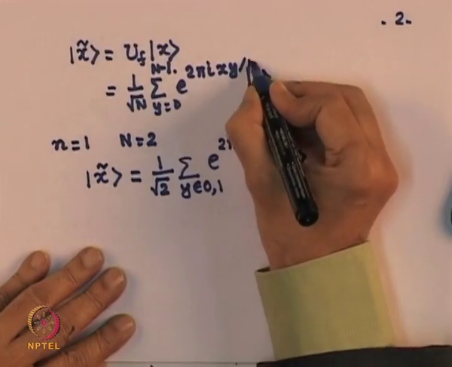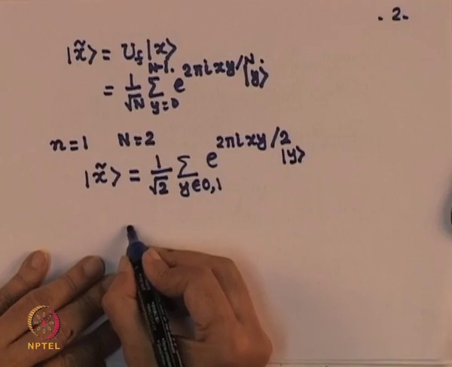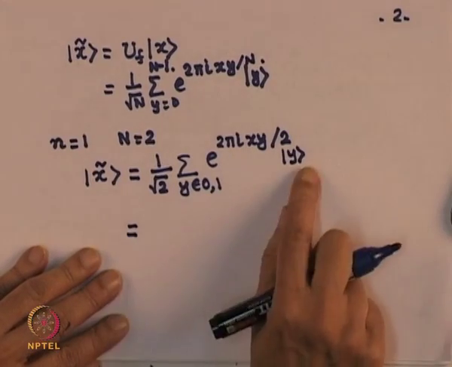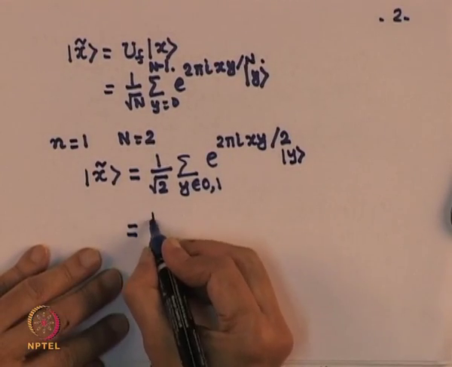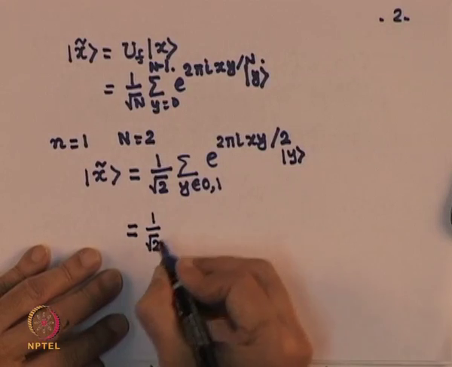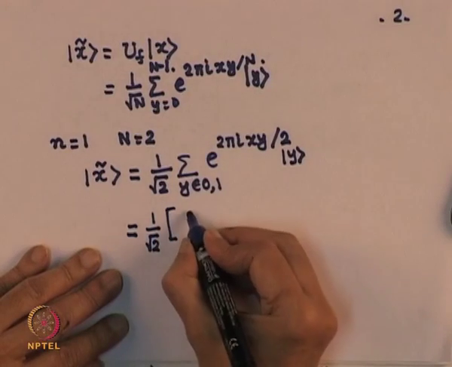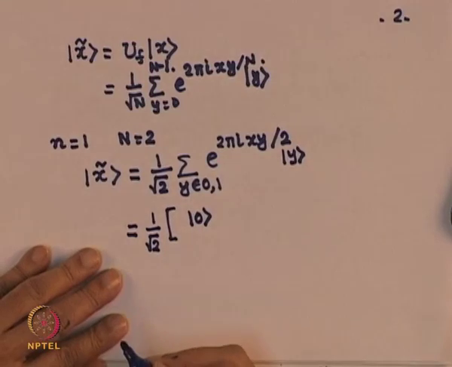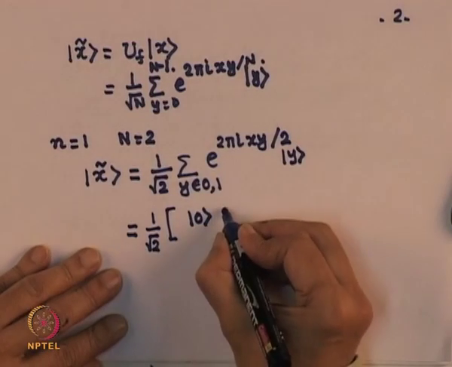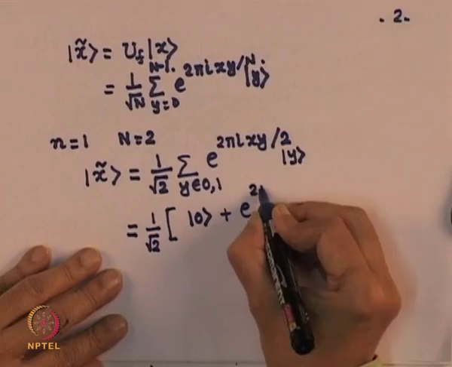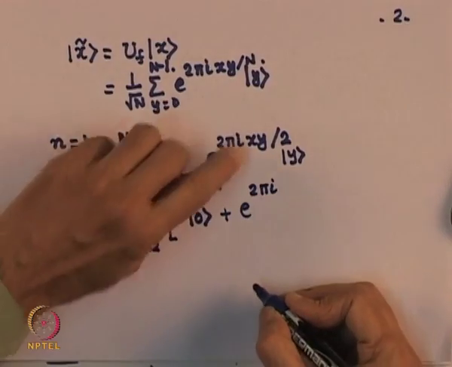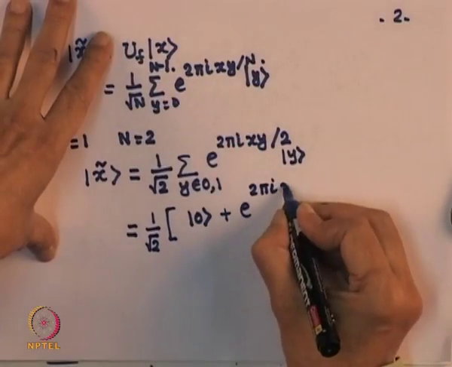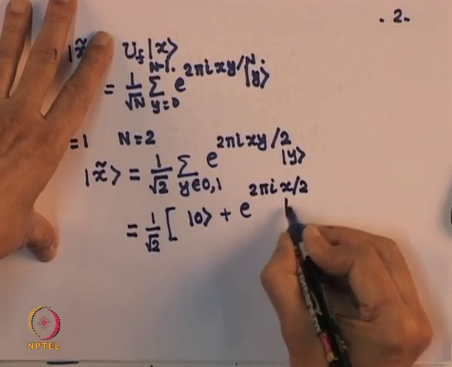Since y takes values 0 and 1, this is 1 over square root of 2, |0>, the coefficient becomes equal to 1, plus e to the power 2 pi i, now y equal to 1, so I am left with an x, so I get x divided by 2, |1>.